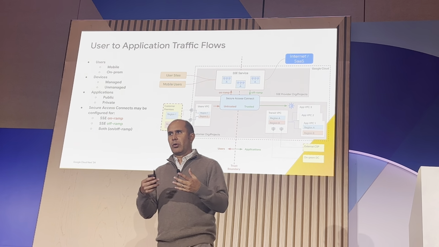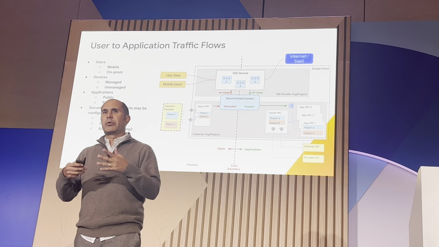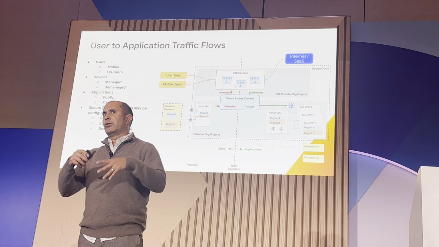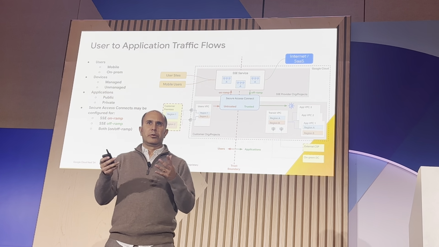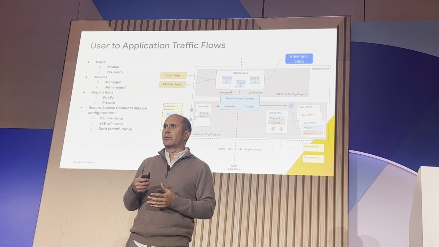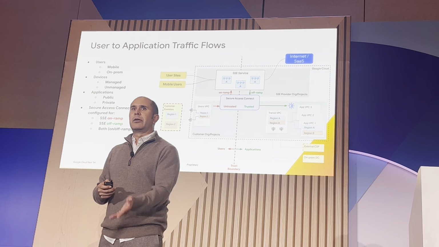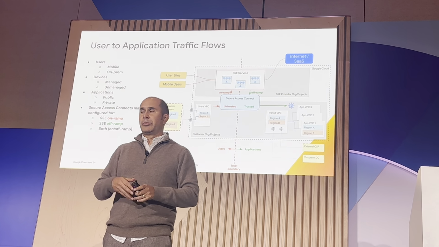So we have the notion of on-ramp and off-ramp in SSC land, and not all providers of SSC use this nomenclature, but I think it's handy for what we want to explain here. So when we say on-ramp, we're talking about bringing traffic from cloud onto the SSC stack, and off-ramp is basically the converse.